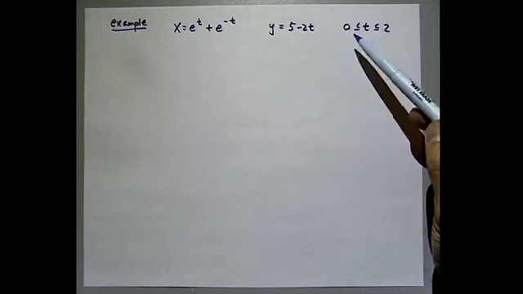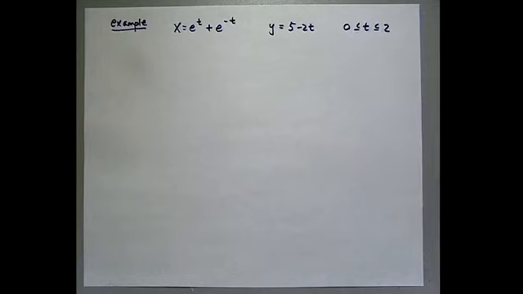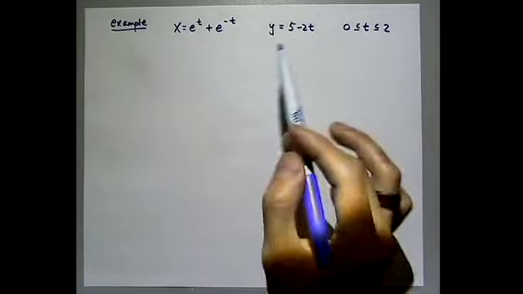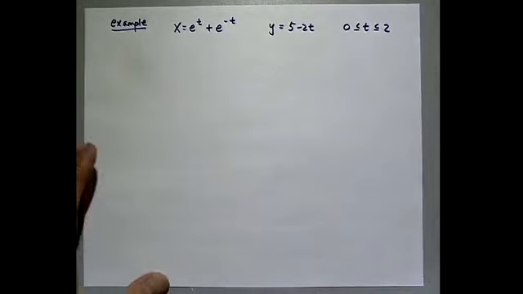T goes from 0 to 2. Okay, we got almost everything we need in the formula. We know the range of t. That's going to become the integration limits. And then we just need a first derivative of each one of these, and then throw that into the radical.